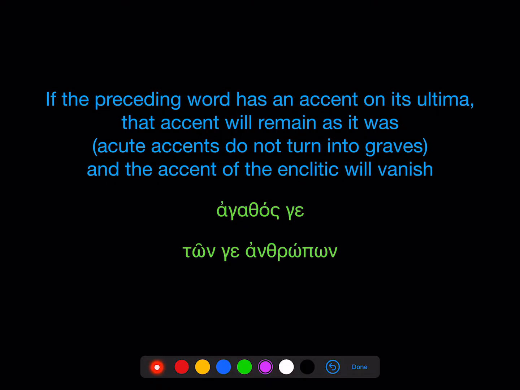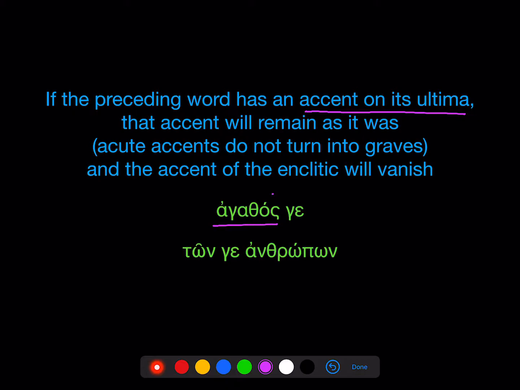All right, so let's look at how enclitics affect the accentuation of the preceding word. If the word before an enclitic has an accent on its ultima, that accent will remain as it was. Acute accents don't turn into graves, and the accent of the enclitic will vanish. So let's look at the word agathos.